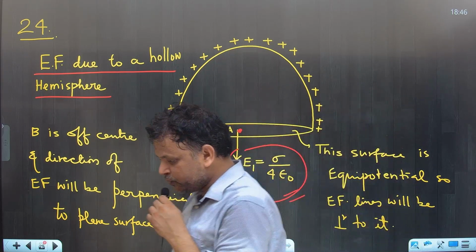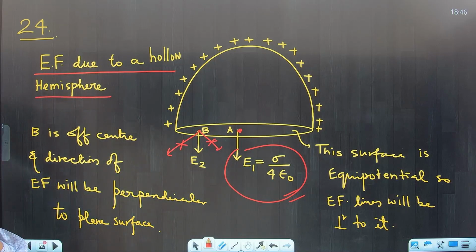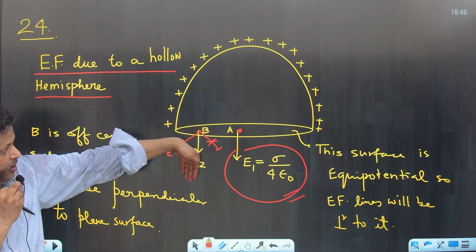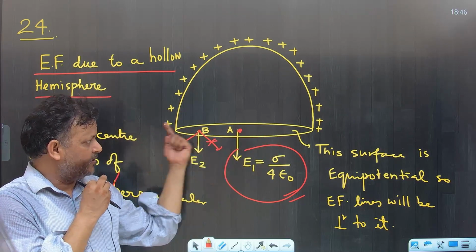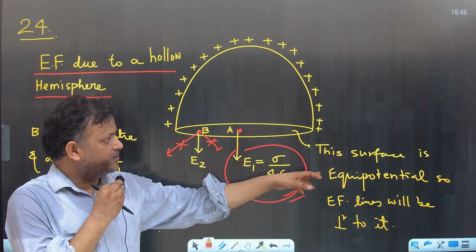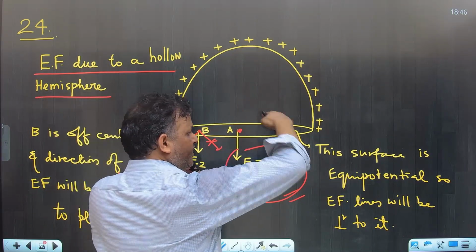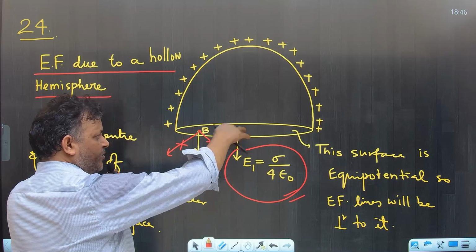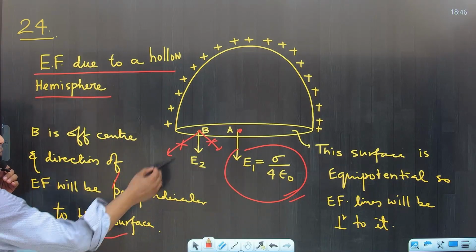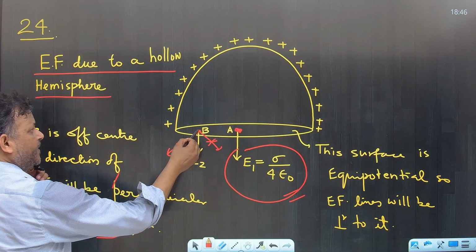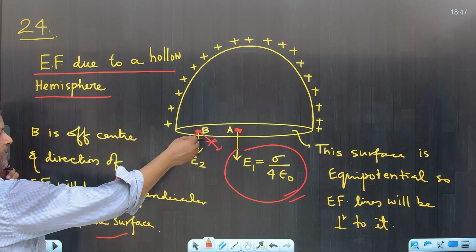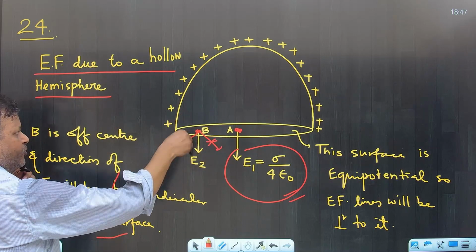It is very important to understand and remember that the electric field at point B is perpendicular to this plane surface, because further on you will see that this surface is equipotential, and electric field lines are perpendicular to equipotential surfaces. So whether point A is at the center and B is off center, at both points the electric field is perpendicular to the surface.